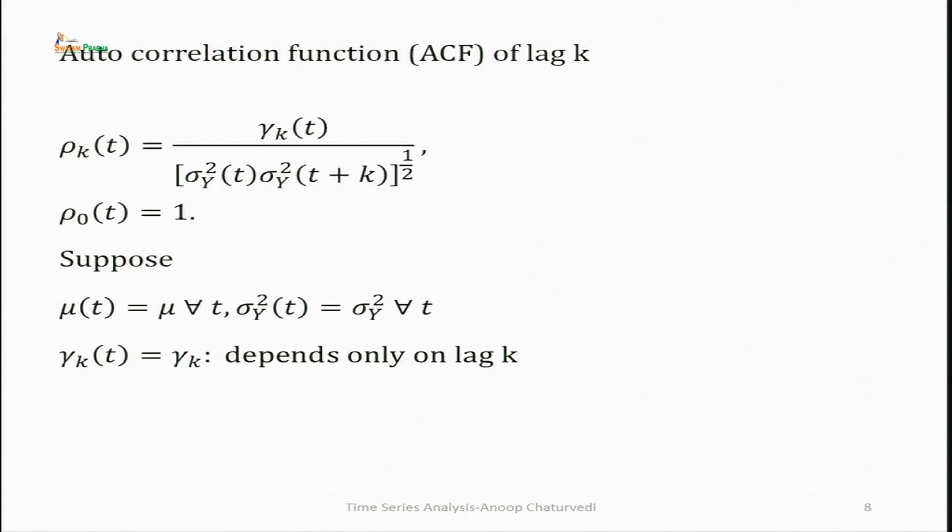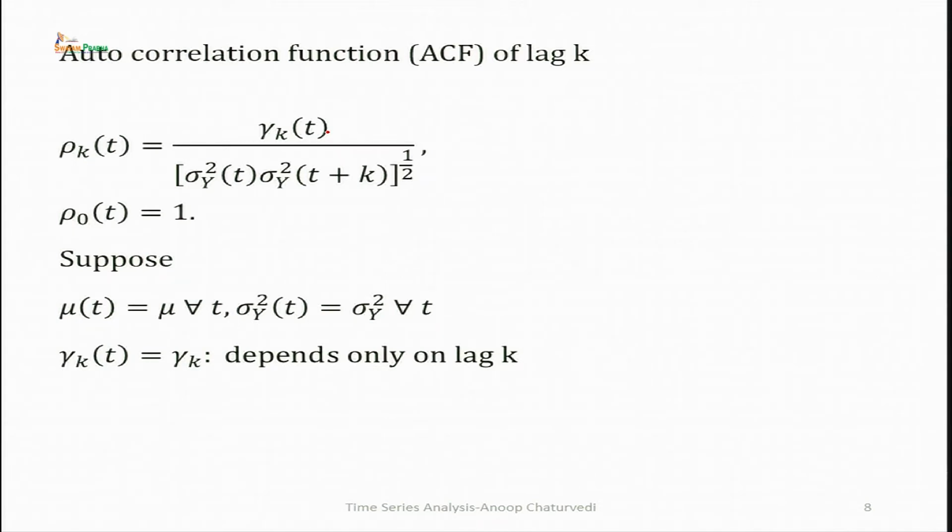Again, for k equal to 0, since gamma 0 t is equal to sigma square y t, rho 0 t is equal to 1. Now, suppose we assume that mu t and sigma square t do not depend upon t.